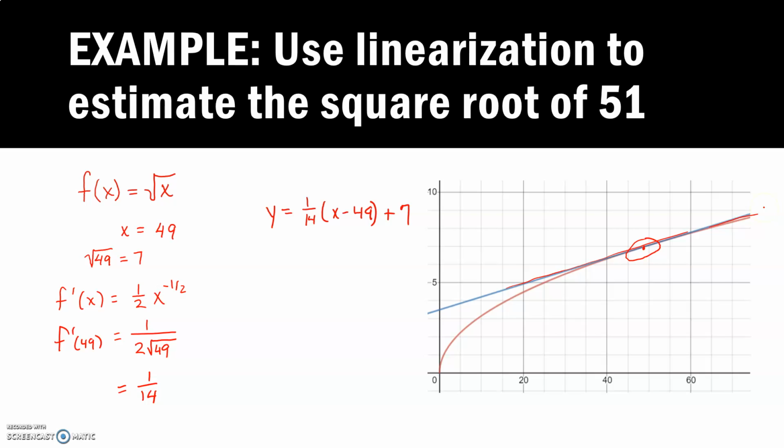Now if I want to estimate the square root of 51, I'm not going to plug 51 into the square root function because I'd need a calculator, but I can plug 51 into this linear equation, which is really close to the square root function. I would have 51 minus 49, which is 2. So that would be 1/7 plus 7. So the square root of 51 is approximately 7 1/7.